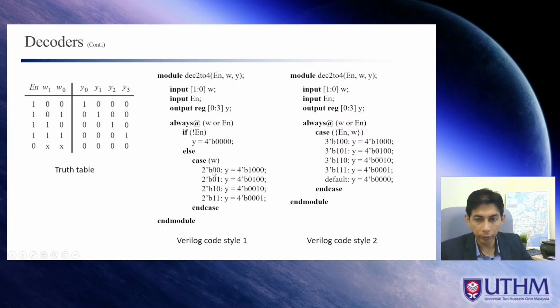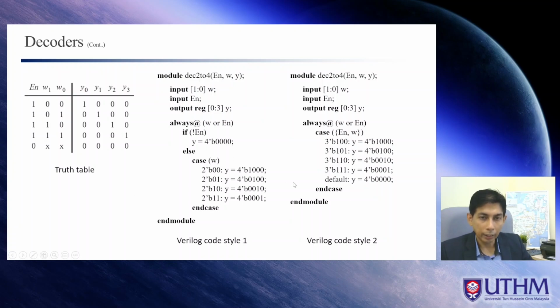Case W equal to 00, we have Y equal to this exactly, 4-bit 1000. For 01 we have this, for 10 we have this, and for 11 we have this. And then endcase and endmodule. So this will create the 2-to-4 decoder for you.